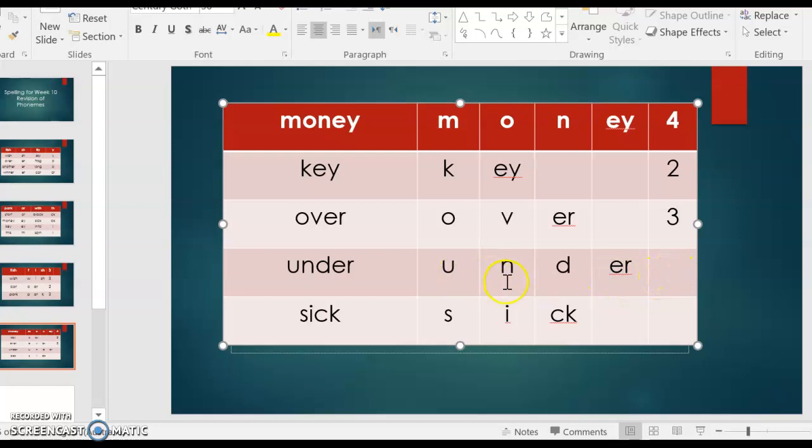How many? 1, 2, 3, 4. Under. Oh dear, I hope you are not sick. Sick. And I put CK as the digraph, so it's in the 1 column. So we've got 3 in the word sick.